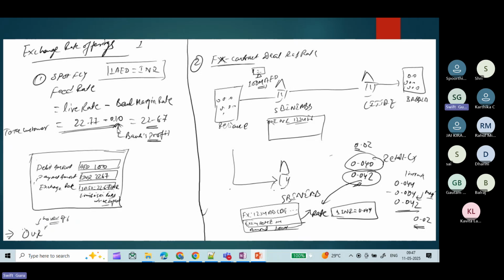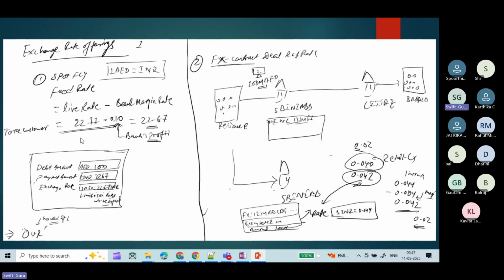For whatever the live feed rate is, on top of that they would have defined a certain percentage on each unit, like 0.05 percent, which for 22.77 means about 0.10. So 22.77 is the live rate, 0.10 is their margin, the bank's profit, and 22.67 is what the customer finally gets to see in the front-end application while initiating a transaction.